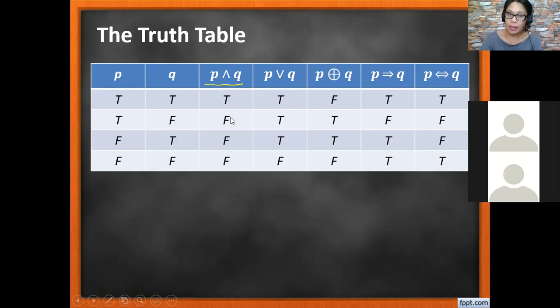Otherwise, everything will be false. It's a requirement for P and Q that both statements P and Q must be true in order for P and Q to be true. Otherwise, it will be false, like the other three here. Why? Because statement Q here is false.